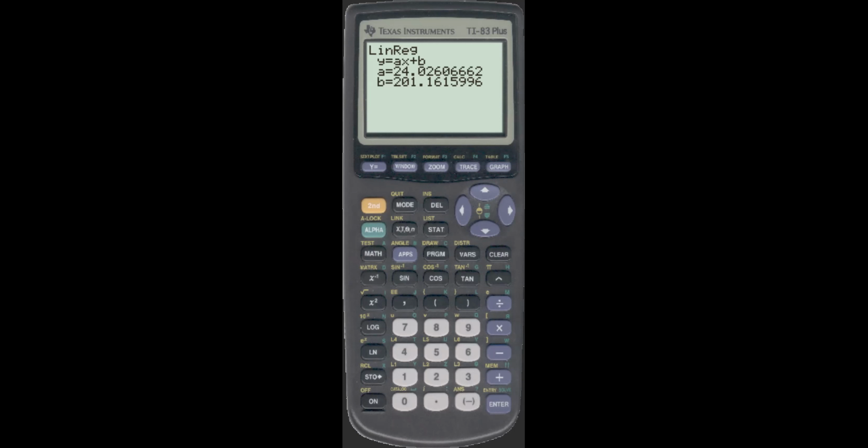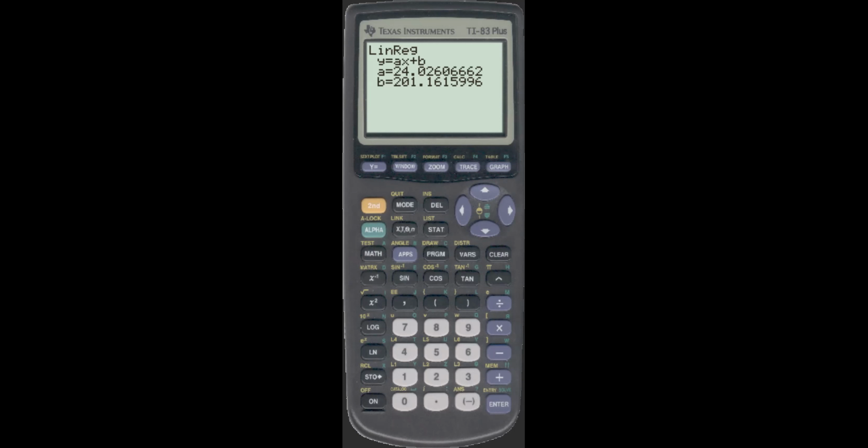So make sure you have that written down, because I'm going to use it again. The next thing we can do is calculate the residuals by going back to the list. Do I write this down as a regression line? Yeah, I've written it down.